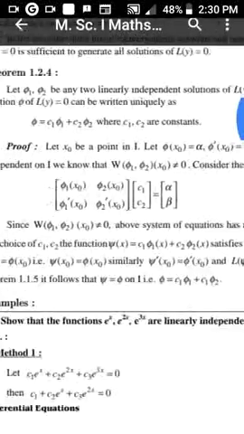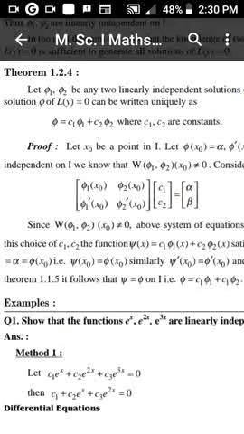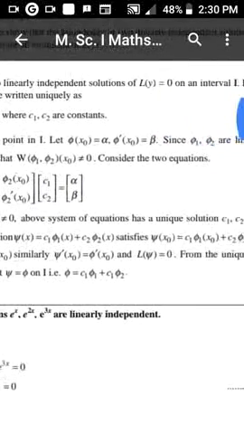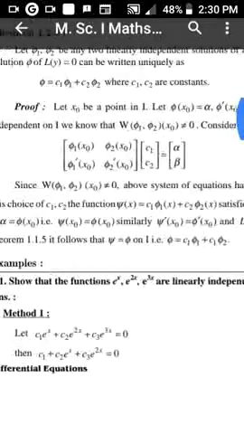Consider the two equations: phi1 of x naught, phi2 of x naught, phi1 dash of x naught, phi2 dash of x naught, times c1, c2, is equal to alpha, beta. Since W of phi1, phi2 of x naught is not equal to 0, the above system of equations has a unique solution c1, c2.